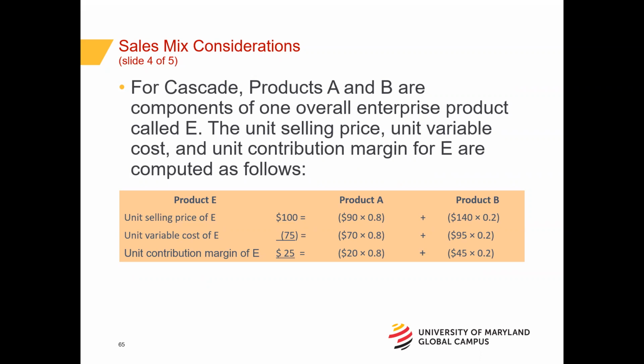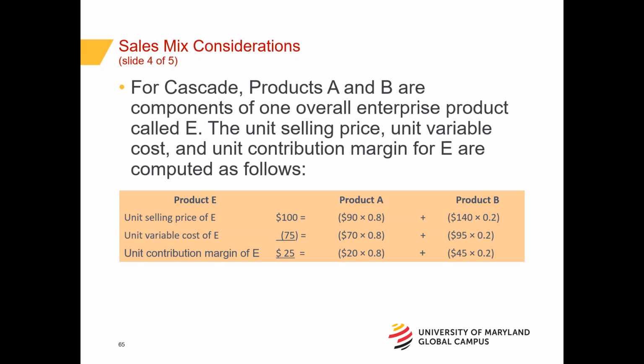How do we find the average? We take the sales price times the respective sales mix ratio: $90 times 80% plus $140 times 20% equals $100. That's the company average.